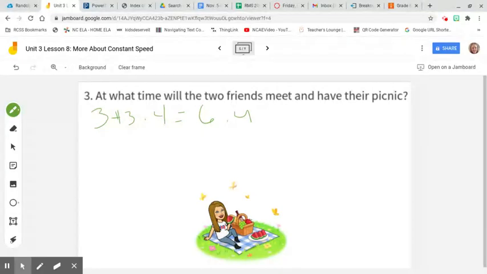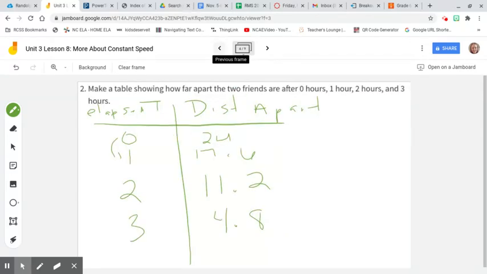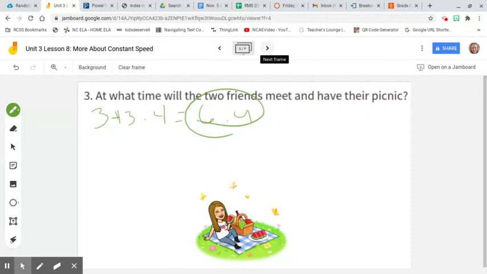So since the distance between them is decreasing by this amount each hour, we know here at the 3 hour mark, they have 4.8 miles left, which means they really don't have another 6.4 miles to go. They have less than that.